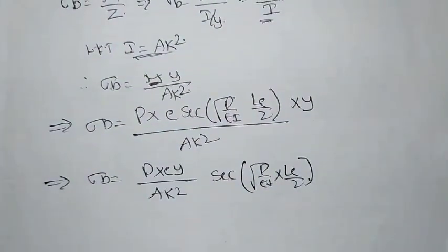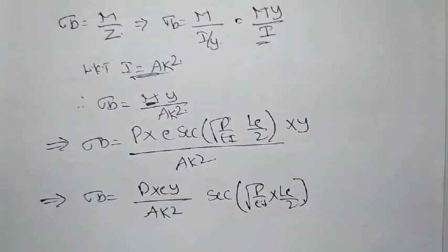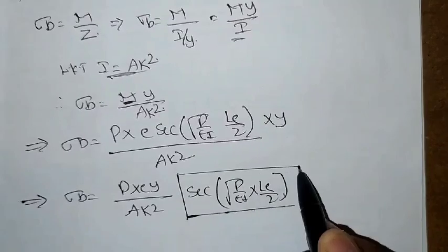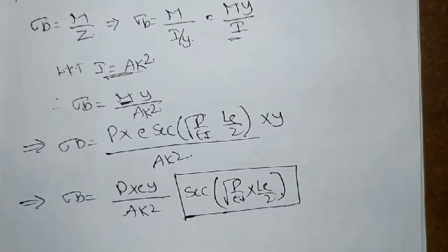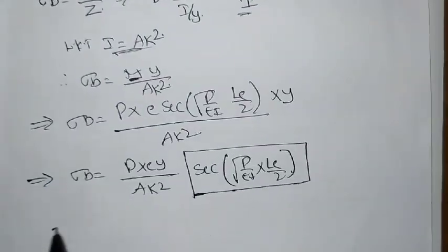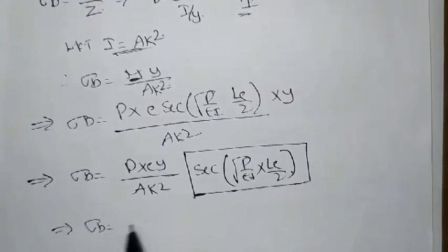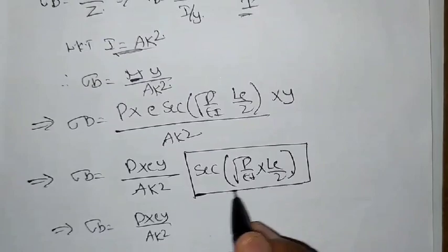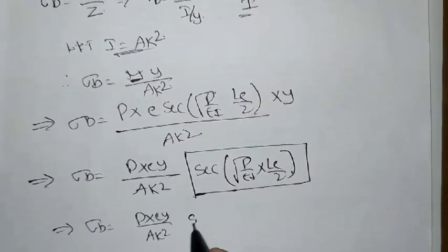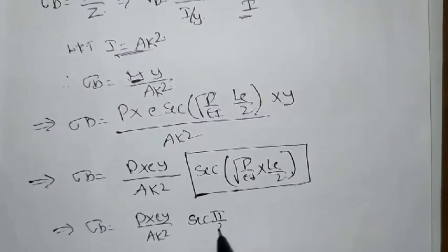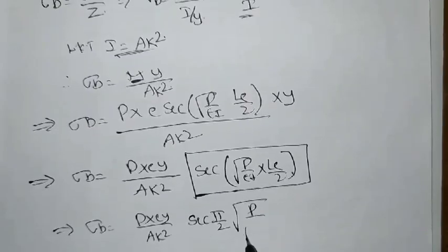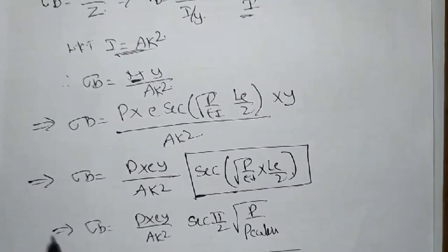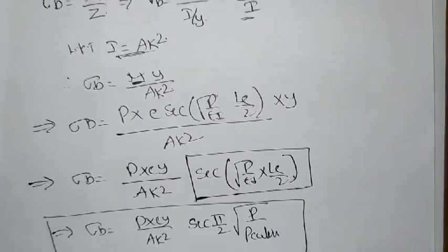This total secant term can be written as secant pi by 2 root of P by P Euler, so we can write the equation like this.